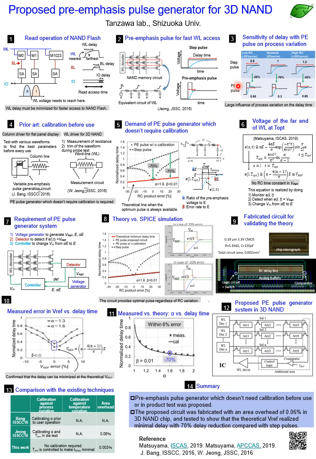On the other hand, when you apply the pre-emphasis pulse to the word line, even though you get the RC time reduction for all the cases, the effectiveness degrades when the RC time constant varies.